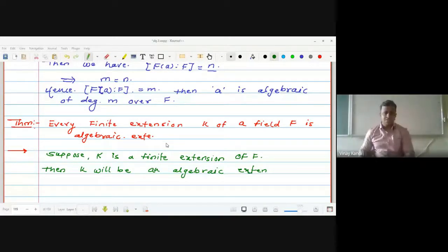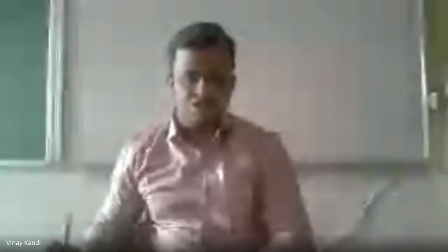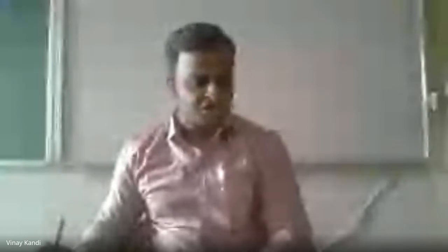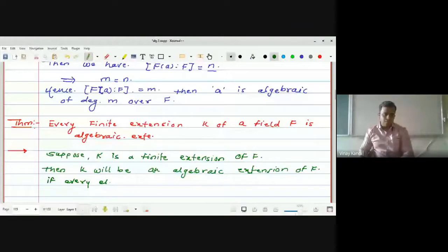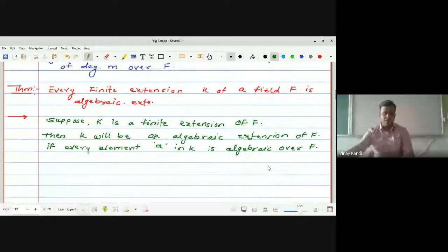Suppose K is a finite extension of F, then K will be an algebraic extension of F. Every element A in K is algebraic over F. Okay, K will be an algebraic extension of F if every element A belonging to K is algebraic over F. Okay, what is given to us?